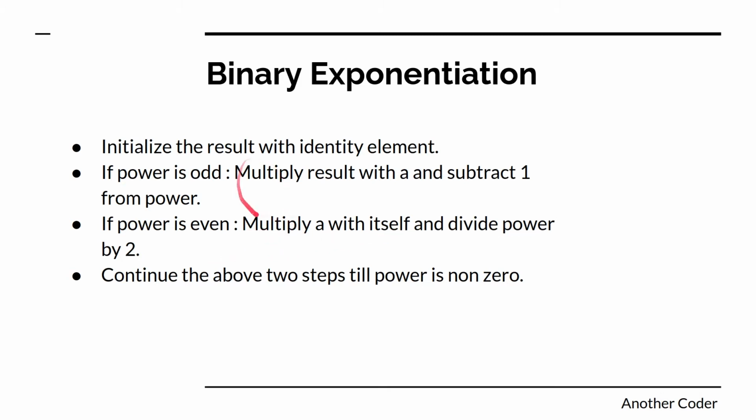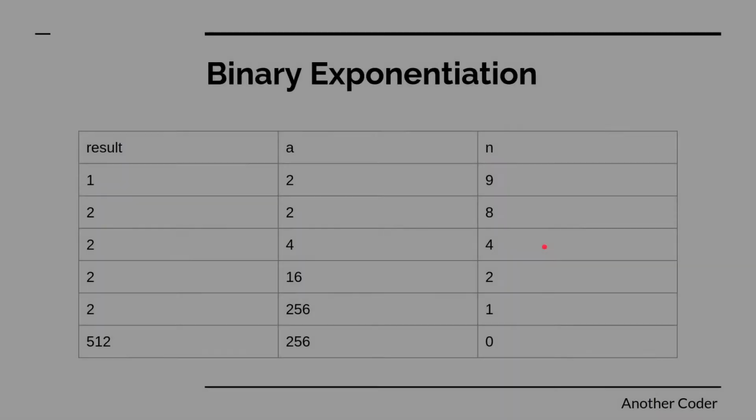We need to continue the above two steps till the power is non-zero. As soon as the power becomes 0, we need to stop the whole program. Otherwise we just continue these two steps. So these are the basic two steps of binary exponentiation, and there's nothing other than that to it.